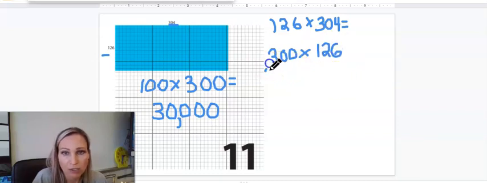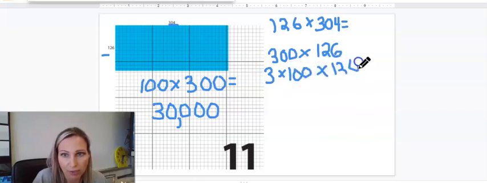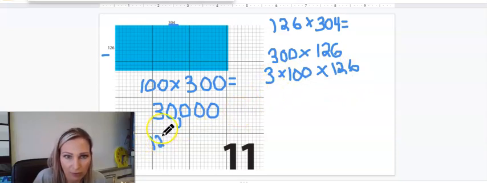What I'm going to do is take out this 3 for a second and make it 3 times 100, times 126. So really I'm just going to take the 3 and multiply it by 126. So 126 3 times, so I can double it. This would be 12, okay, 252.